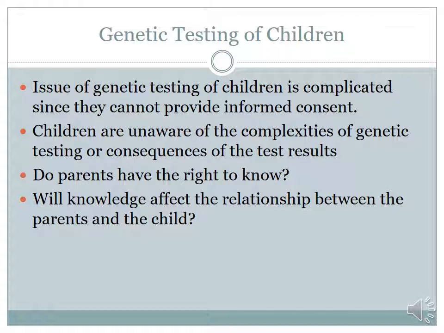In some cases, testing of children may be justified. For example, if a child is at risk for congenital colon cancer, the standard screening for early detection is an annual colonoscopy, perhaps beginning as young as the age of 10. If a child undergoes genetic testing and is found not to carry the gene, then the child is spared this annual invasive procedure.